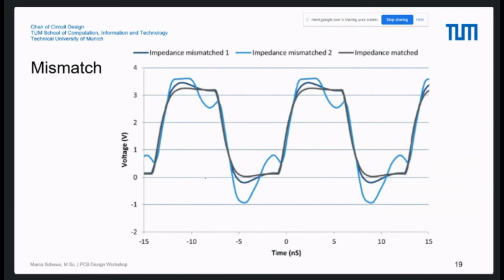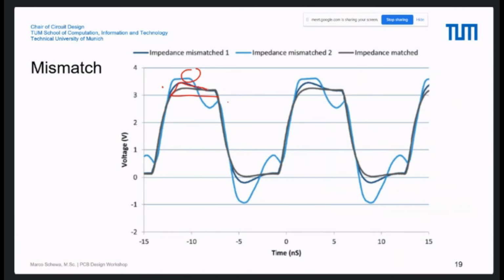And here's one measurement example of how a mismatch looks. This blue one is if you have a very hard mismatch. So you see you have an overshoot and an undershoot. If your normal signal is here, then this one is an overshoot and this one is an undershoot. And if you do a better matching, then it looks like here.